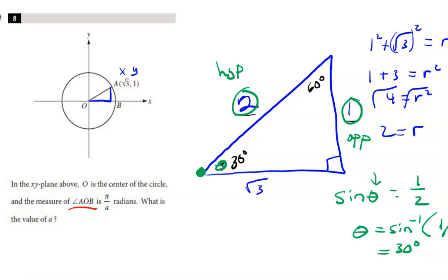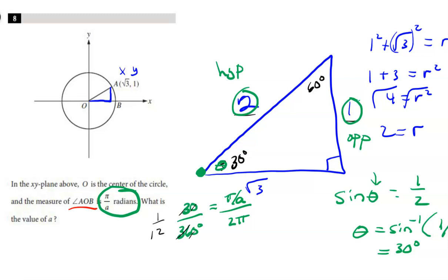Well, once you have the 30 degrees, you need to figure out the radians. So I'm going to show you a way to do that. 30 degrees compared to 360 is pi over A compared to 2 pi. Well, 30 over 360, if I divide by 10, then divide by 3, is basically 1/12.